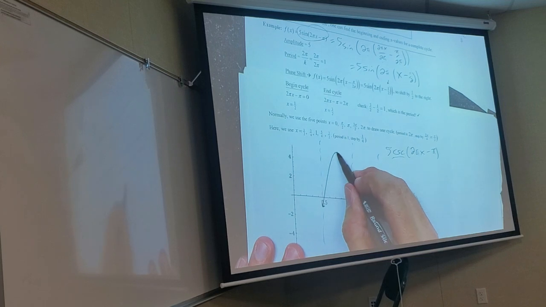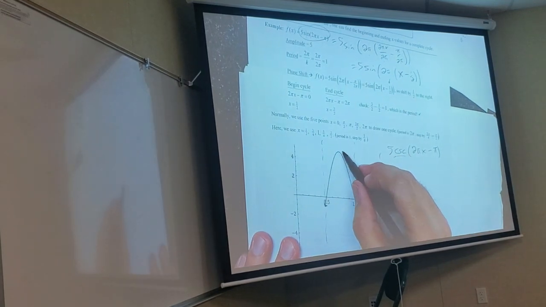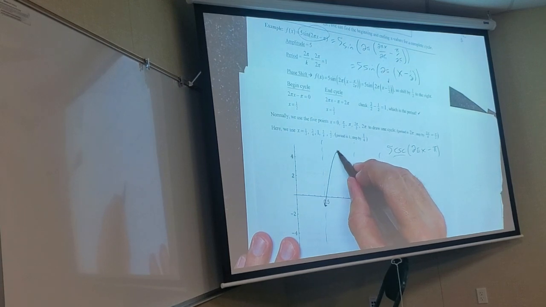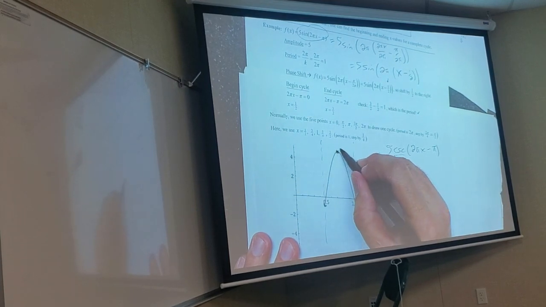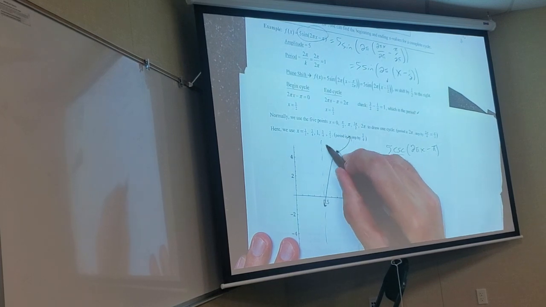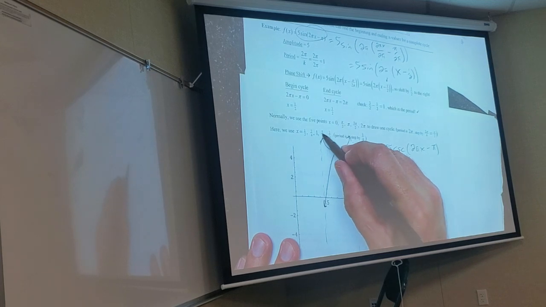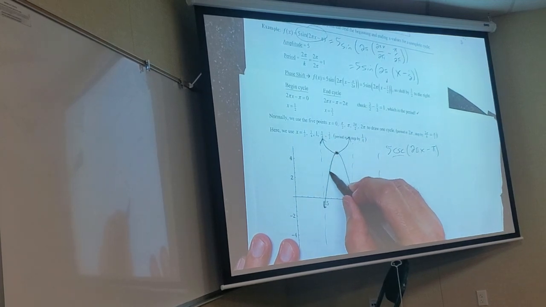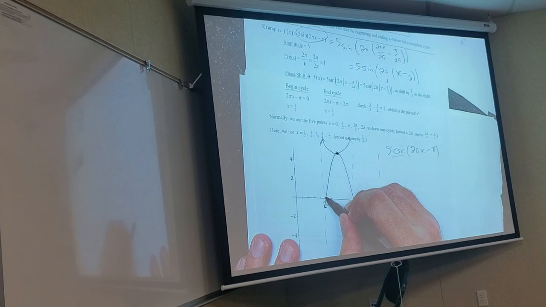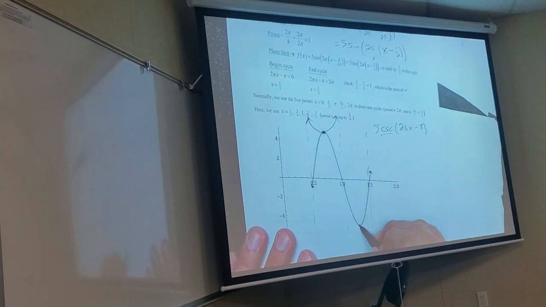What's the value of cosecant? This is going to be a little bit weird, but it's going to be the opposite of that. Whatever the top of the hill is, you just do this. Because as sine gets smaller, won't cosecant get bigger? As sine approaches 0, 1 divided by small gets really big, and that's why those asymptotes are there. So then you can do the same thing here.